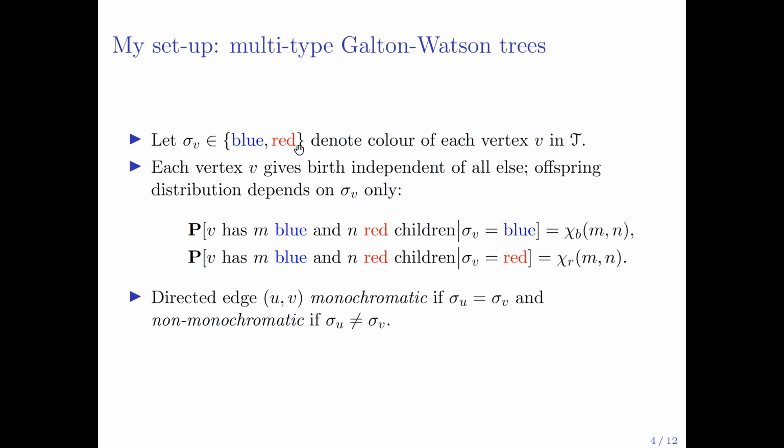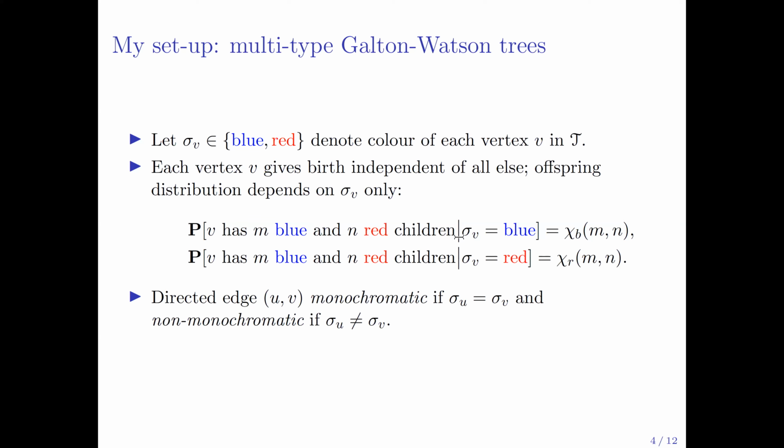It's either blue or red. Okay, and I call this label sigma sub V. Everything else remains the same as I described before for the Galton-Watson branching process, except that now when a vertex V gives birth to a random number of offspring, the distribution of this random number will depend on the color of V.